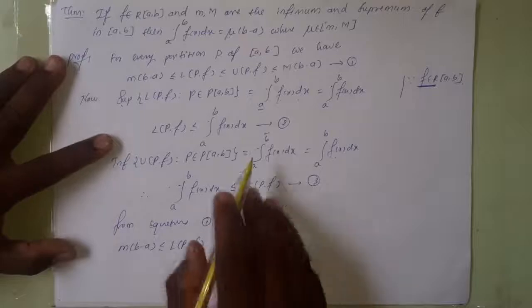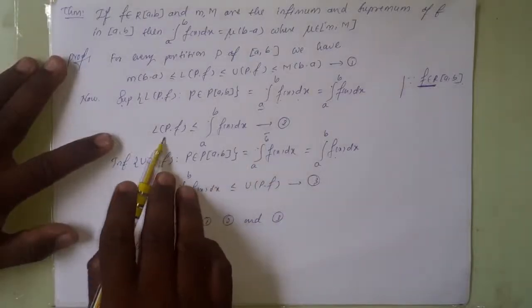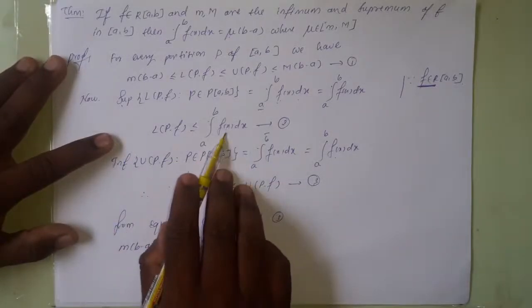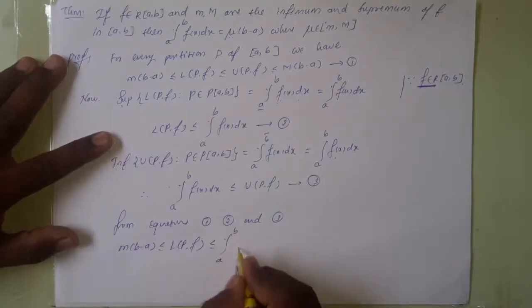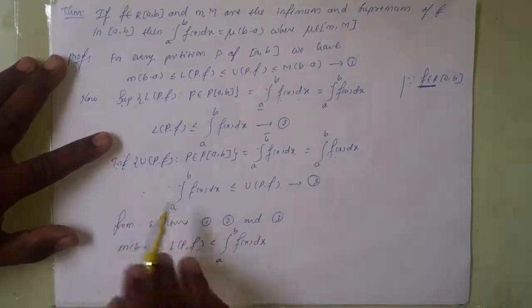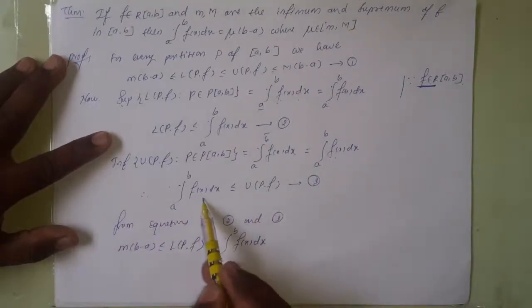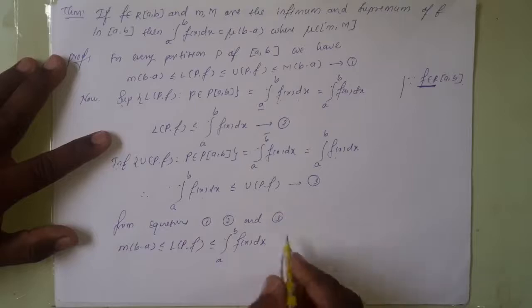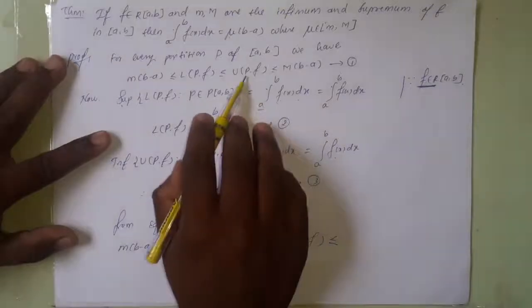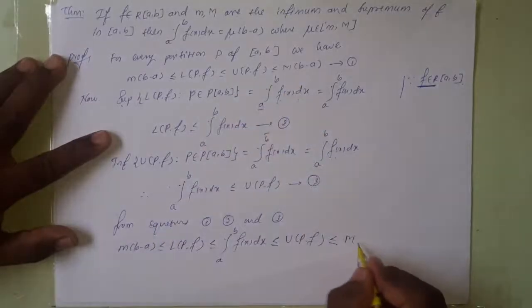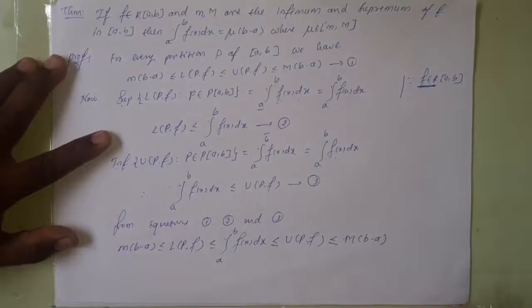From the second equation, LPF is less than or equal to the Riemann integral, that is, the integral from a to b of f(x) dx, and from the third equation, this integral is less than or equal to UPF. And again from the first equation, UPF is less than or equal to capital M times (b minus a).